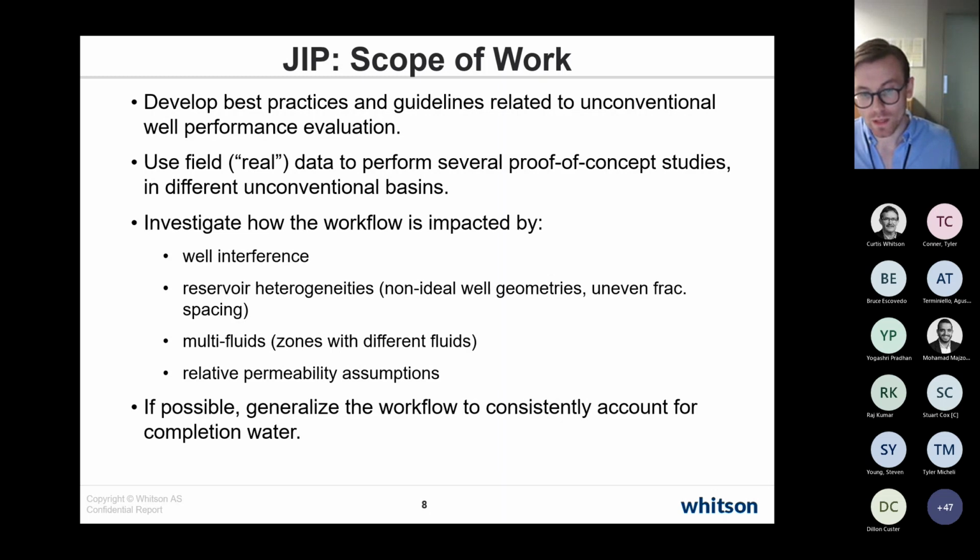The last topic that we're investigating as a research topic is how to consistently account for completion water. That was one of the clear things we saw in the last meeting: there's really no consensus on how we like to account for completion water in our RTA analysis. Many times we see a big discrepancy early time between the actual produced water, which we believe is from the formation, and the flowback water per se.